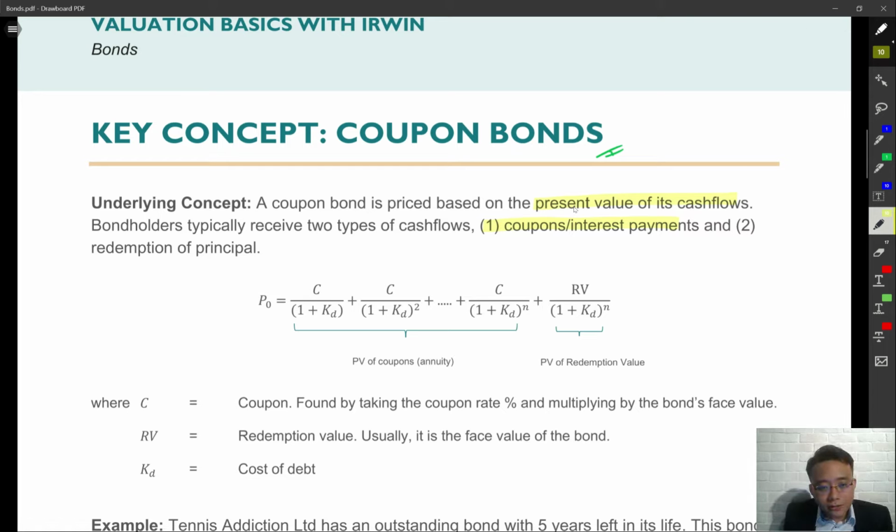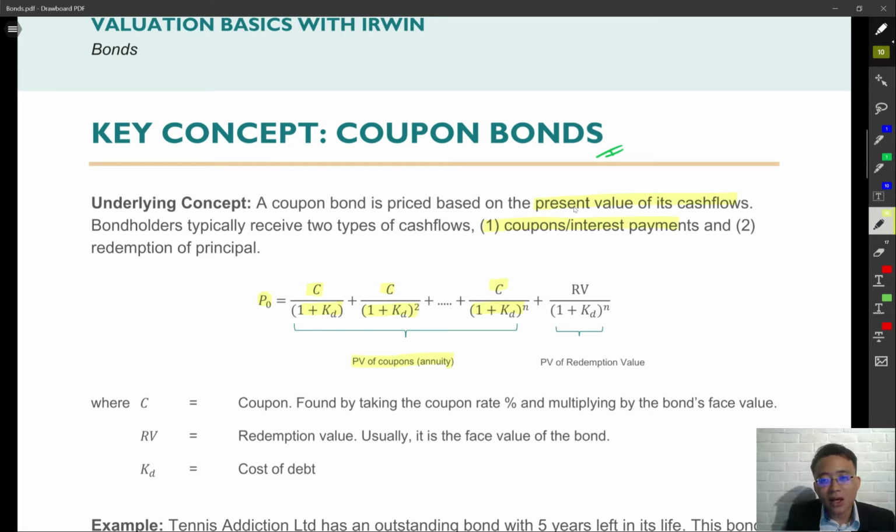When you look at the formula below, you will notice that it is a coupon with a present value function, then a coupon with a present value function, and so on and so forth. This range refers to finding the present value of your coupons. So that is the first cash flow that we have to discount and get the present value.